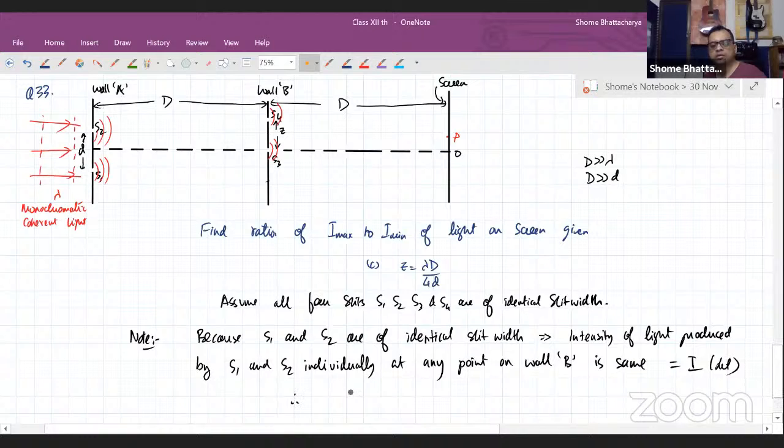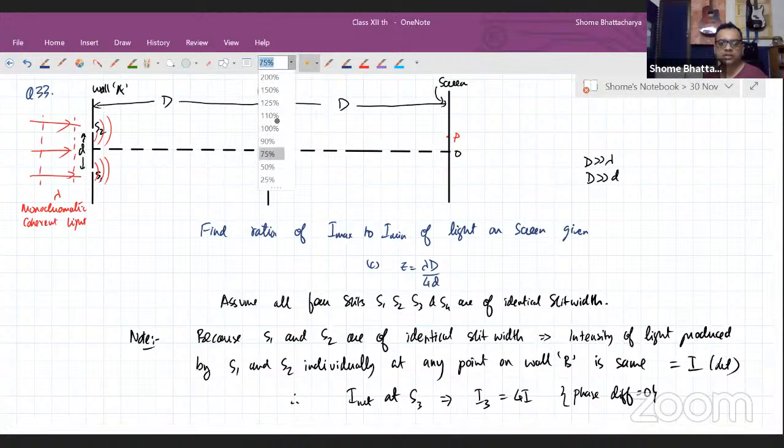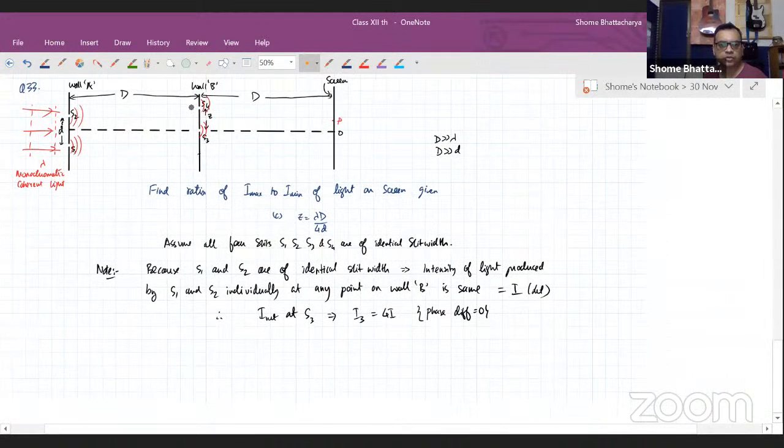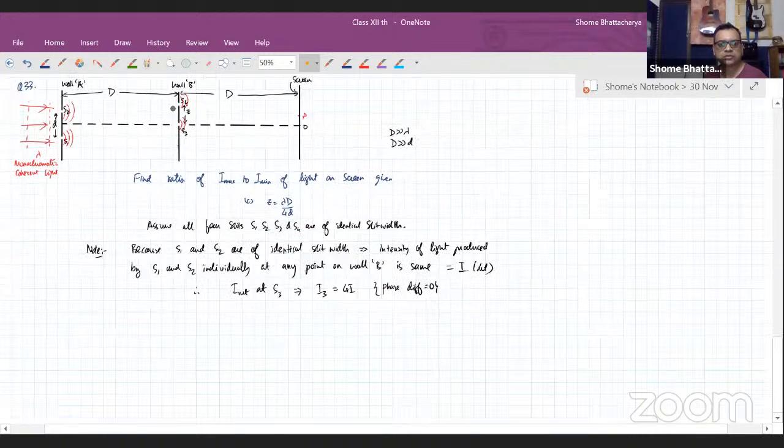So the net intensity at the position of S3, let's say that is I3, will be equal to 4I, correct, because the phase difference is 0. But now what about the net intensity at the position of the fourth slit S4? Now, this one is S4, this one is S3. Why is the phase difference 0? Because S1S3 was equal to S2S3. So path difference is 0, so phase difference is 0.